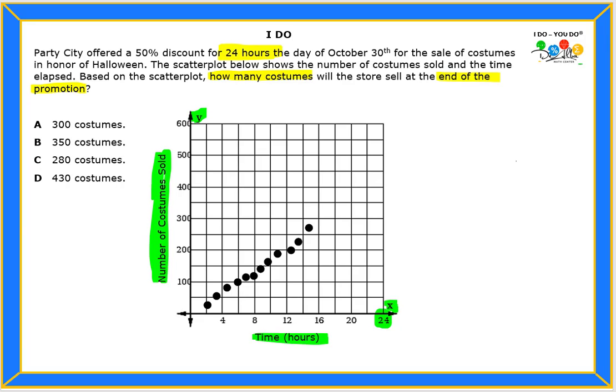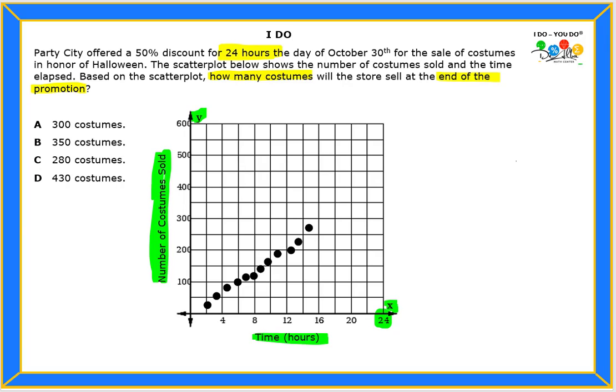Is that right? Okay, so what we're going to do is use the scatter plot that is given to us to predict. So we're going to use the points that are given to us. We're going to make a line, and we're going to keep an eye on the 24 hours, because that's the hours that we're looking at.